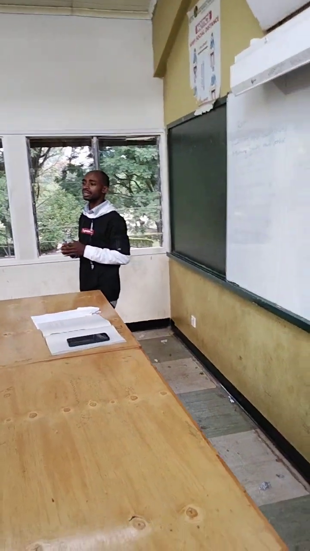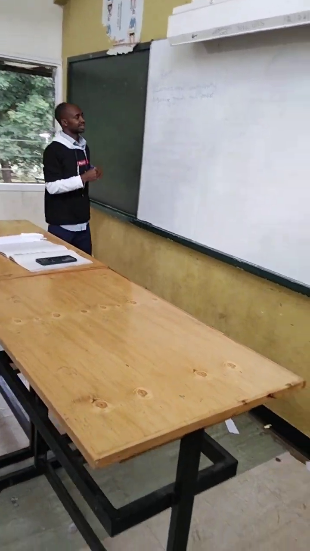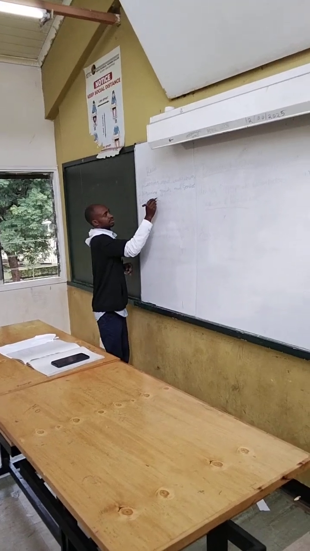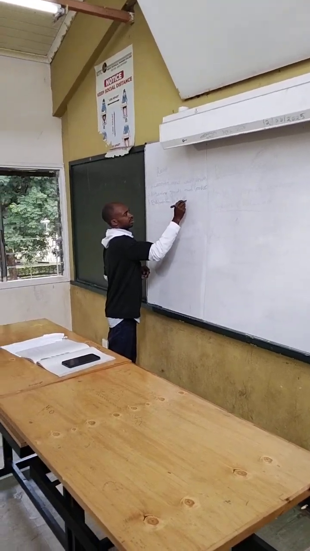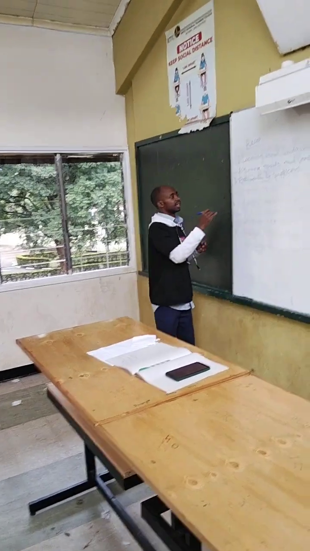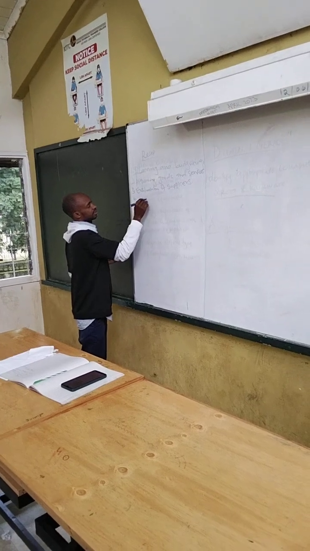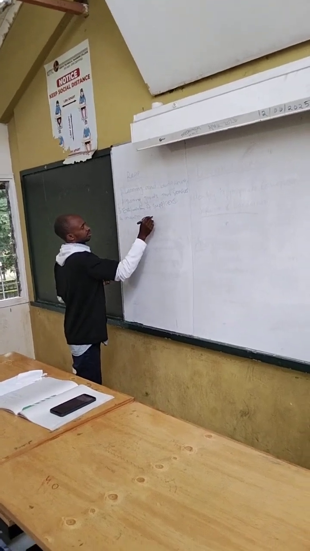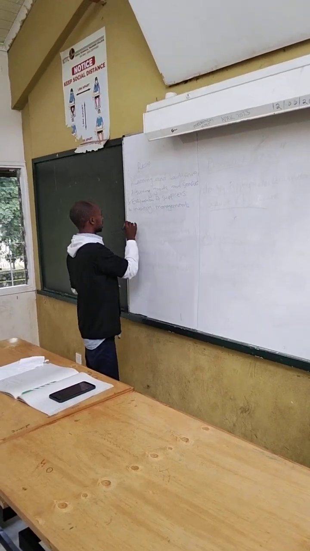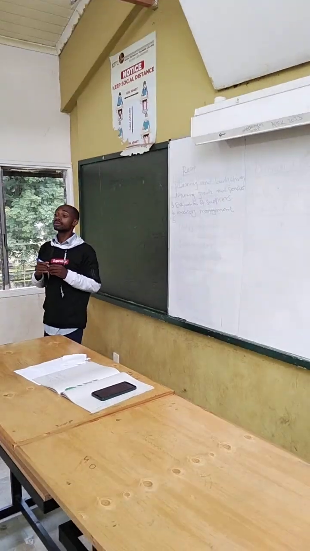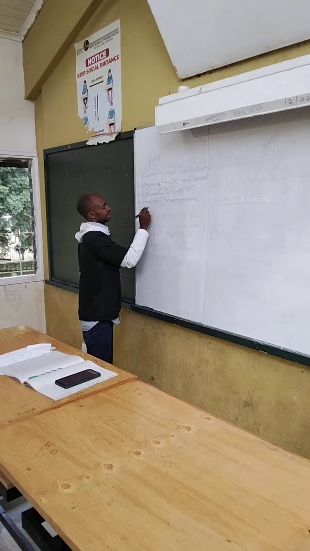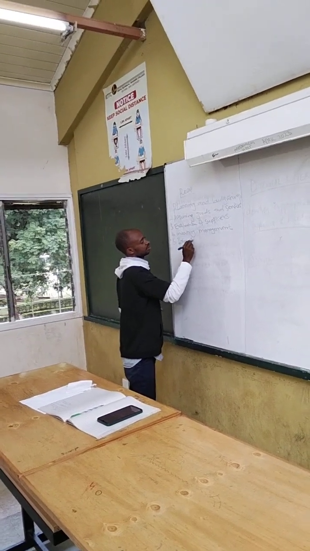Correct. Number three, Maureen. Evaluation of suppliers. Yes. Inventory management. Correct. Number five, identifying potential suppliers.